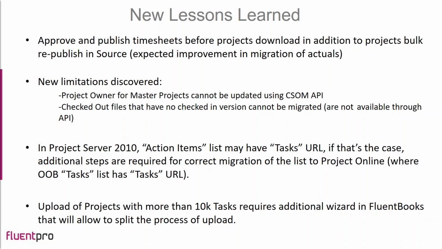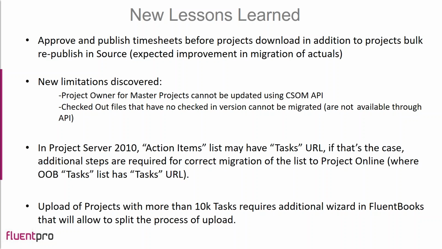Another lesson learned is related to migration from Project Server 2010 to Project Online. In older versions, there can be an action items list, which has type of tasks. We observed in several migrations that the title of the list is action items, but in the URL it says tasks.